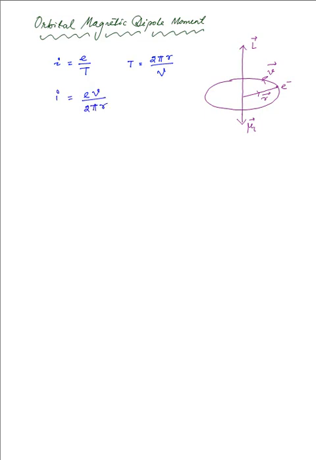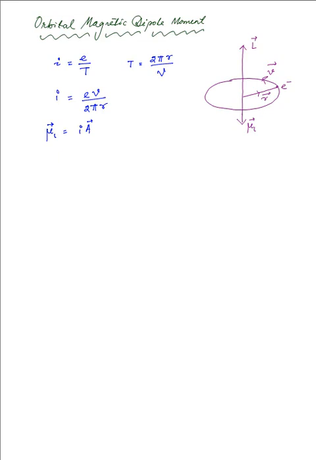Now, as per the electromagnetic theory, the magnitude of the orbital magnetic dipole moment is mu L, for a current I associated, given as I times A, that is the current multiplied by the area vector, with the orbital magnetic dipole moment directed along the direction of the area vector.